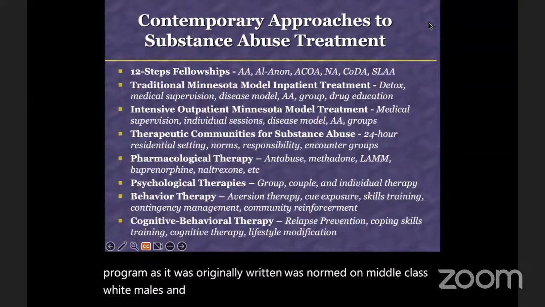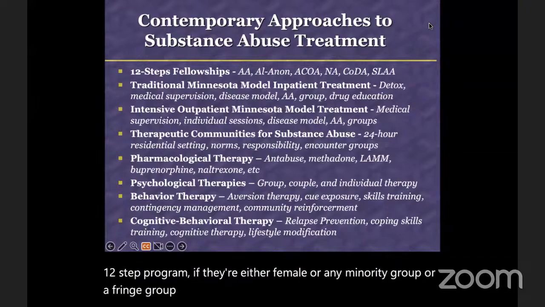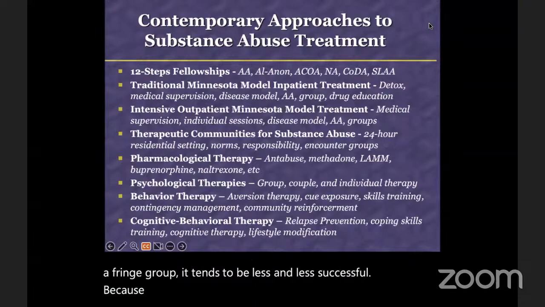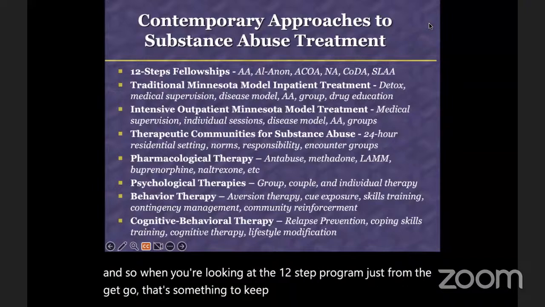And we find that when a person uses the traditional 12-step program, if they're either female or in a minority group or a fringe group, it tends to be less and less successful because it was normed and based on a middle-class white man. So when you're looking at the 12-step program, just from the get-go, that's something to keep in mind.